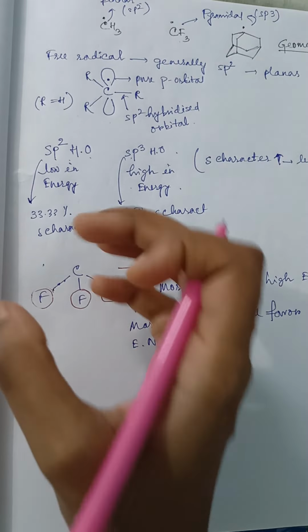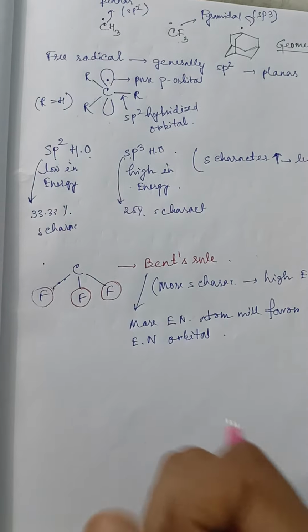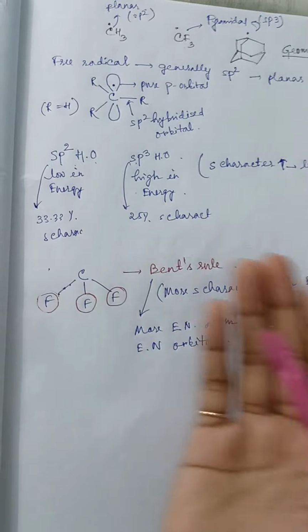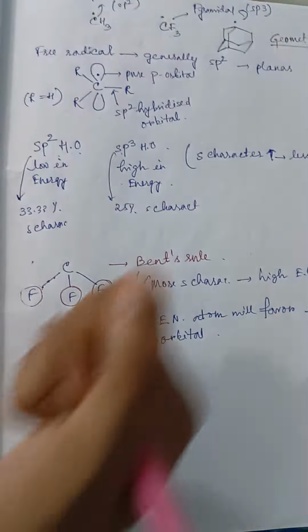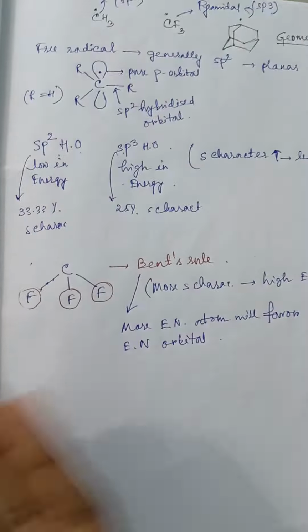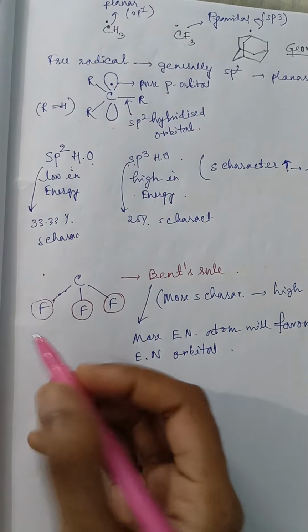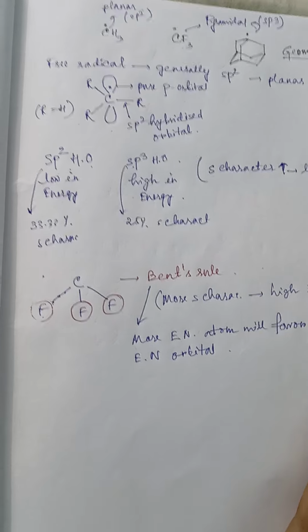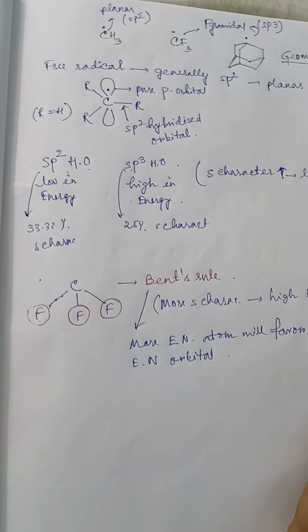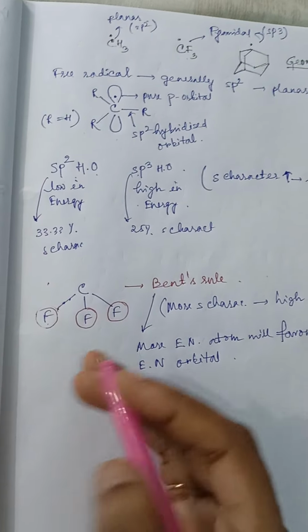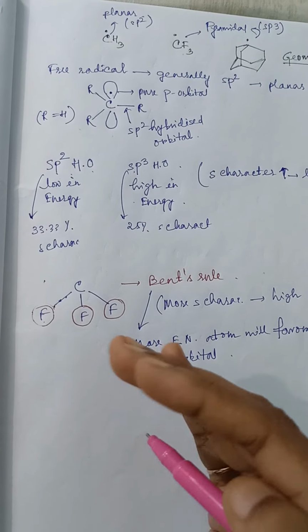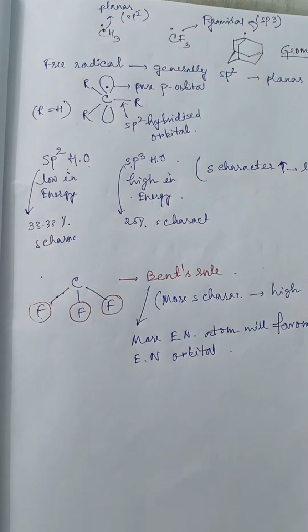And fluorine is also highly electronegative, so it will also try to keep the electron towards itself. So there will be a clash. The hybrid orbital is electronegative, and fluorine is also electronegative. So we have to keep the hybrid orbital less electronegative so that there will not be any clash.